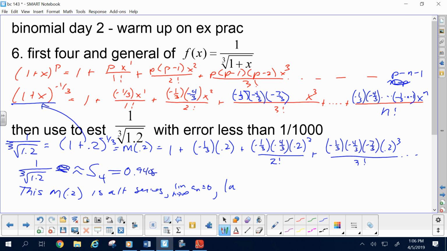And the terms are decreasing right from the beginning, really. We didn't have to do any clarification on that.